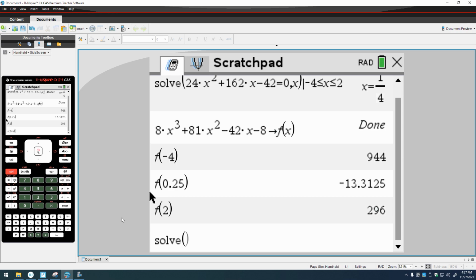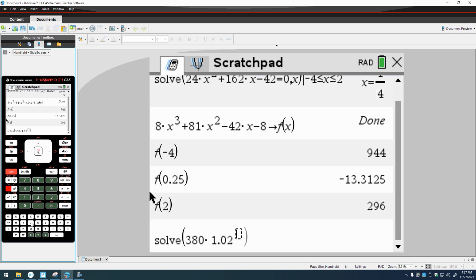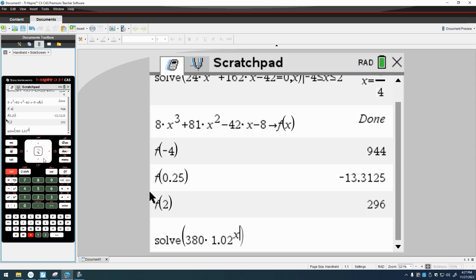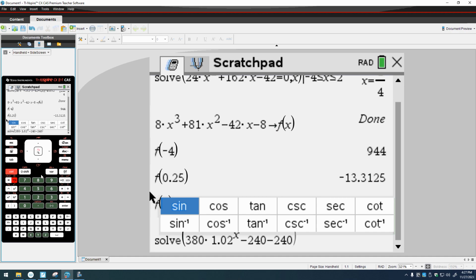Sorry, I have to switch pages so I can read it off my quiz. F of x was 380 times 1.02 raised to the x power, minus 240, be careful, I'm distributing the negative sign, minus 240 sine.